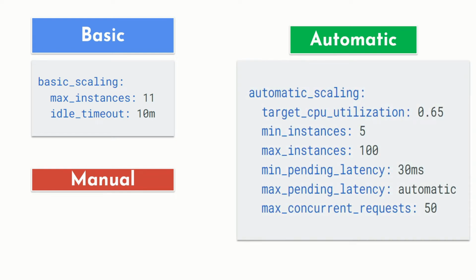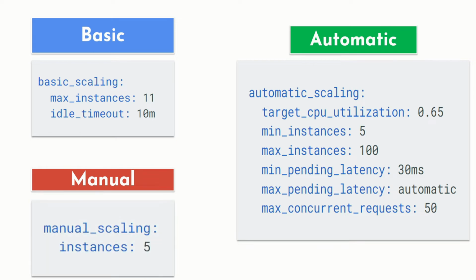In automatic scaling, you basically specify the metrics according to which you would want your application to be scaled. You specify min and max instances and a few other optional parameters as well. In manual scaling, you only specify the instances. For example, over here we specified instances as 5. So this would be the initial number of instances that will be provisioned, and it will be scaled accordingly.